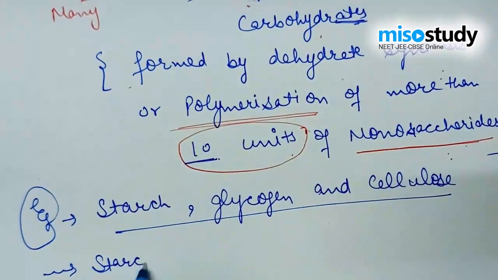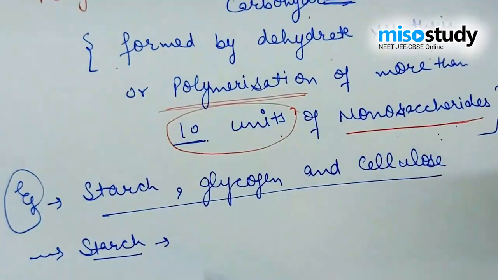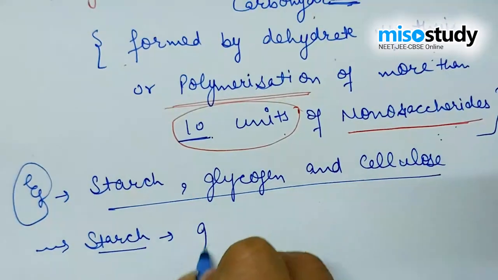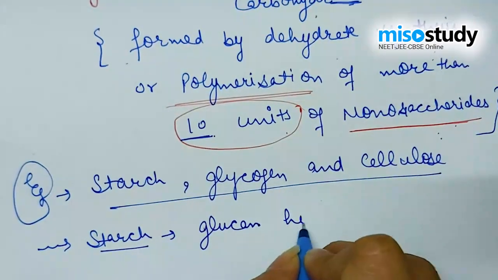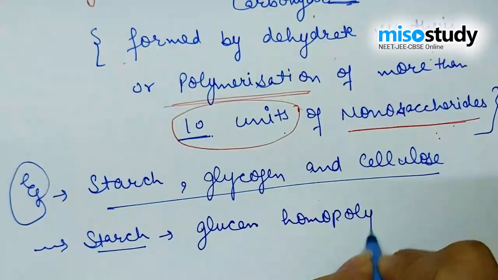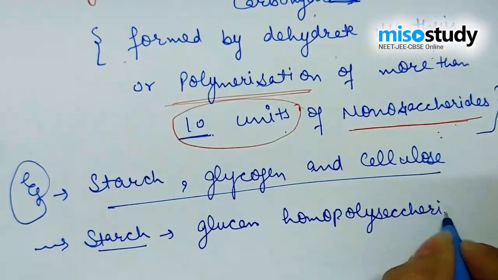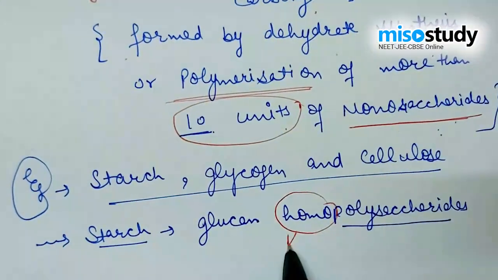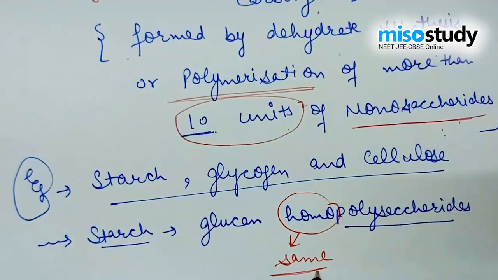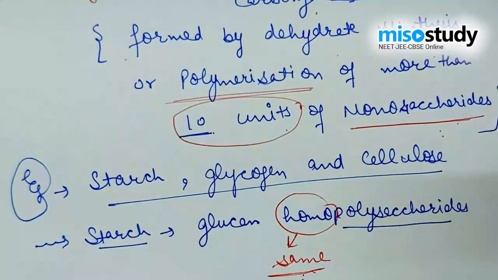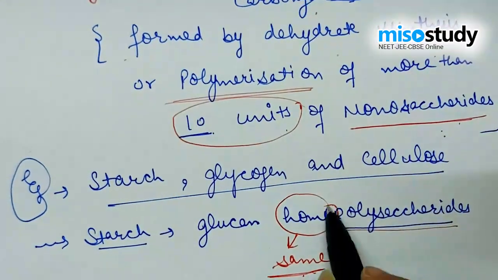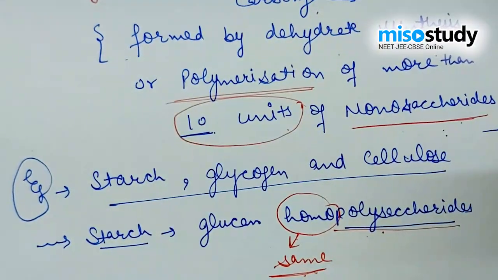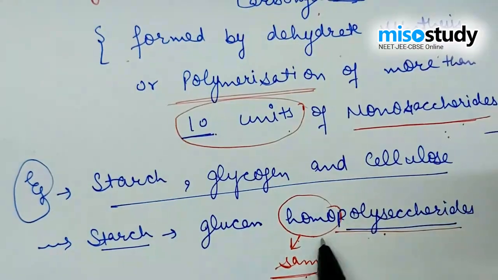First is starch. What is the composition of starch? Starch is a glucan homopolysaccharide. Polysaccharides are further categorized into two types. Homo means same units, in which the same units of sugar are connected to form the polysaccharide. The other type is heteropolysaccharides, in which many different sugars are joined together.